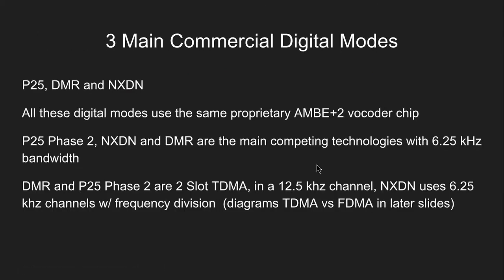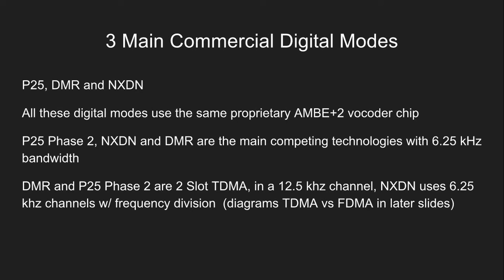Okay, first off, I'll reiterate that again. There are three main commercial digital modes. You have P25, DMR, and NXDN. All these digital modes use the same proprietary AMBE+2 vocoder chip. So all radios that are digital, P25, DMR, and NXDN, use the same chip in the radio.